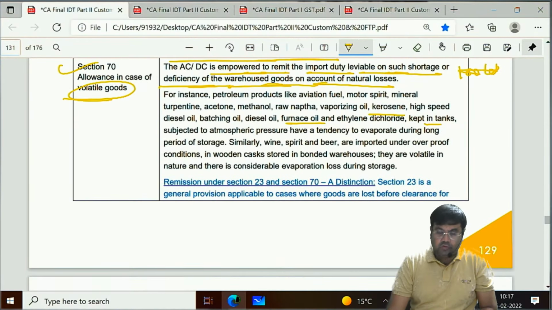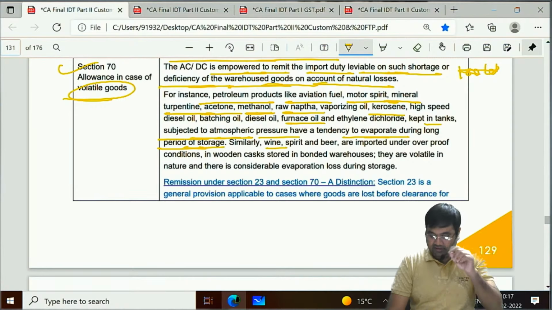Of course not on all goods. So they have the list ready. Petroleum products like ATF, motor spirit, mineral turpentine, acetone, methanol, raw naphtha, etc., kept in tanks subject to atmospheric pressure, have a tendency to evaporate during long periods of storage.